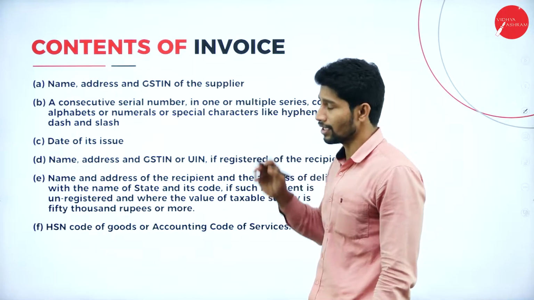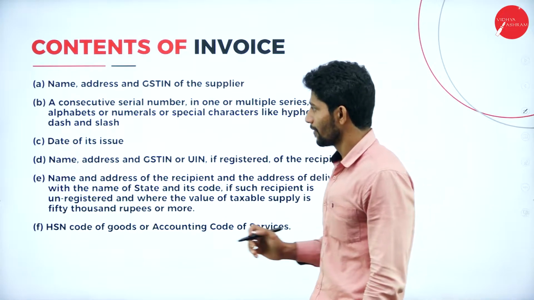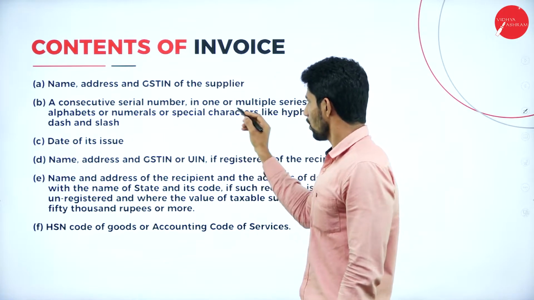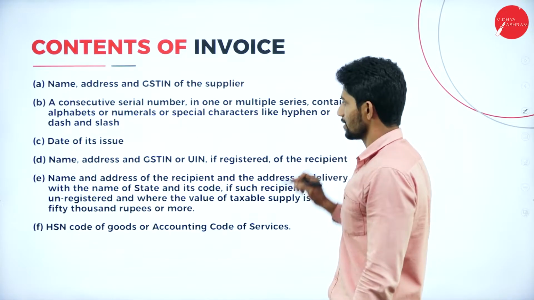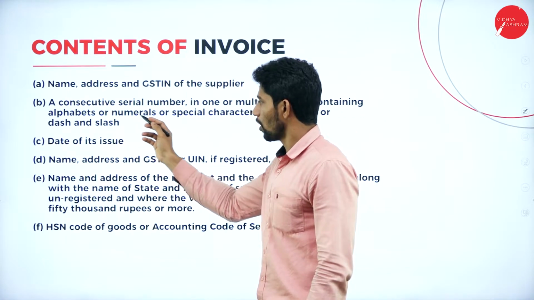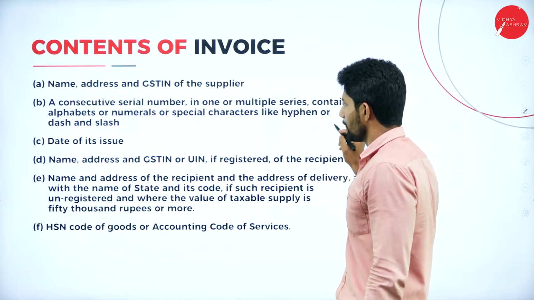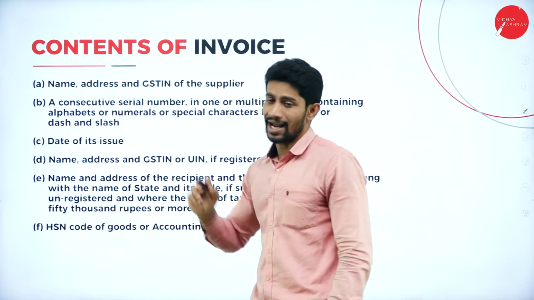So this information you can find in the tax invoice, and a consecutive serial number in one or multiple series containing alphabets or numerals or special characters like hyphen or dash and slash.